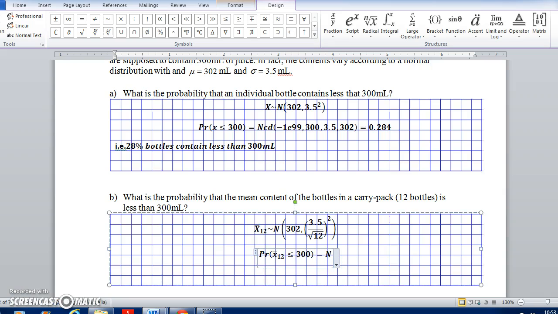So again we just use our NCD function. Negative 1e to the 99 is our lower value, our upper value is 300. Our mean is still 302, but now our standard deviation, in fact I should enter my standard deviation first, is 3.5 divided by the square root of 12.